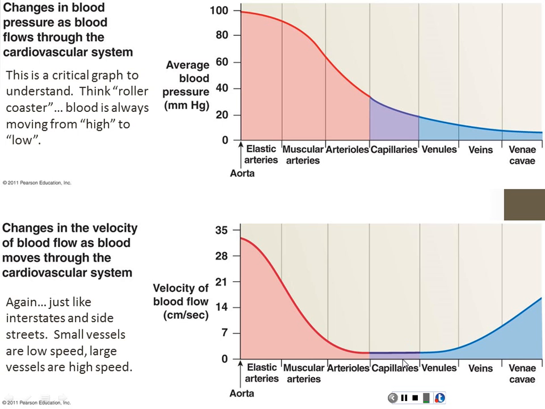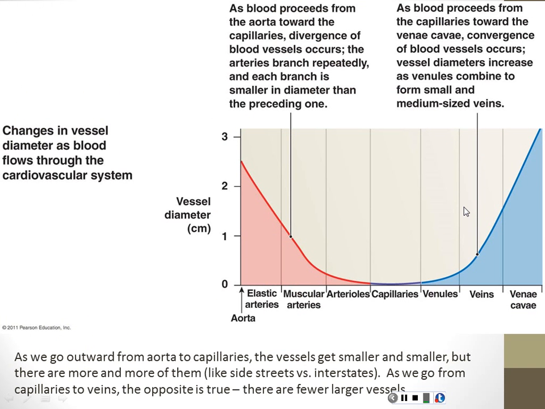Not because they're small, because if you think about it, a small vessel would resist flow in the first place, but it's also because there are so many capillaries. Oh, here, I keep losing my pointer. So you've got one aorta, but you've got millions and millions of capillaries. So that blood can take lots of different paths, so it slows way down. Okay? So pressure, velocity, and then diameter of the vessels.